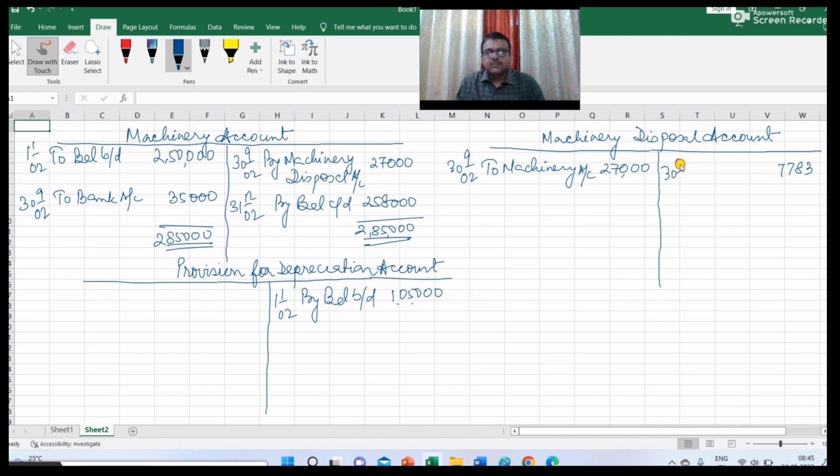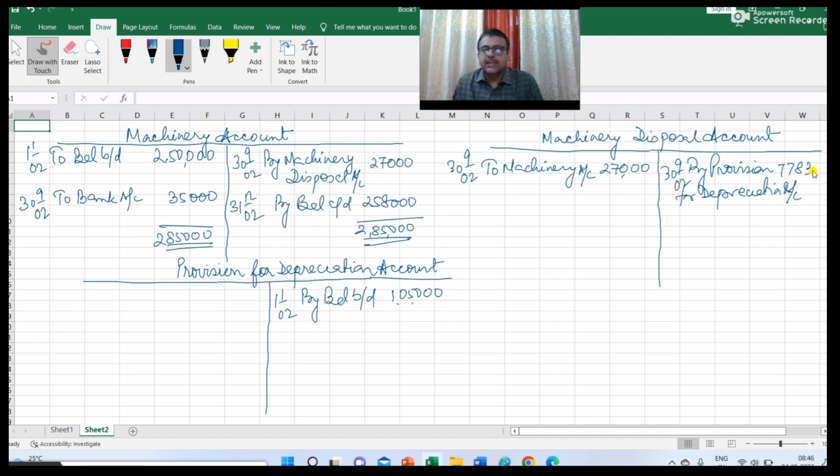So you have to write here by provision for depreciation account. So the two machines which were sold on 30th September 2002, original cost was 27,000, and against this 27,000 there was a provision for depreciation of rupees 7783.